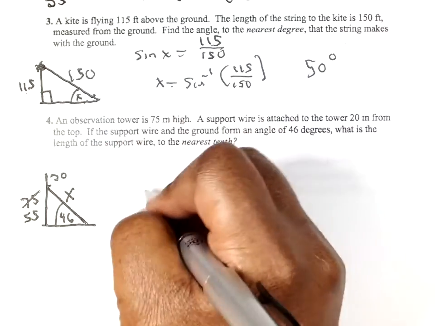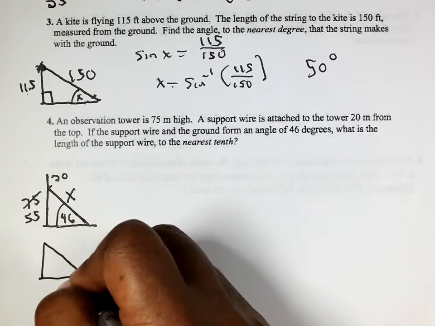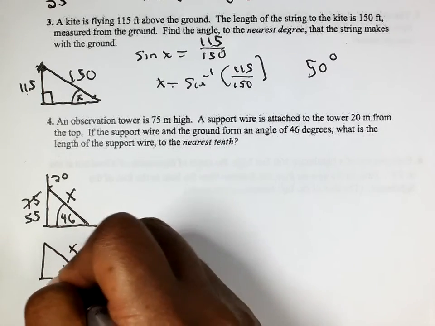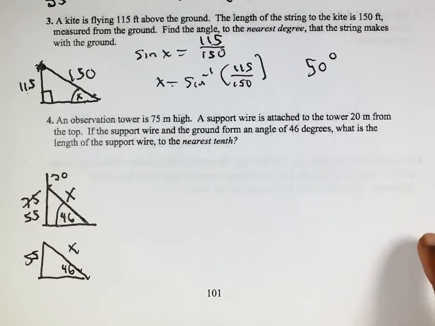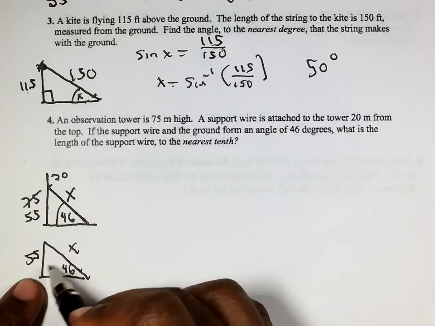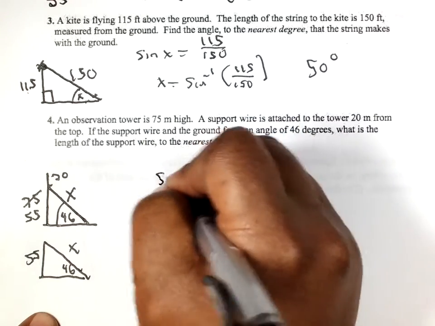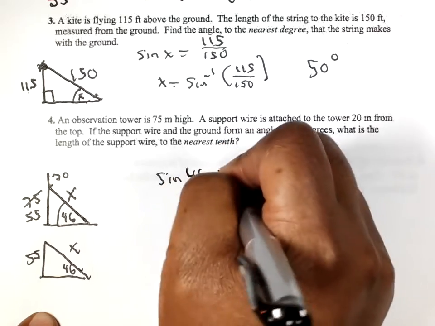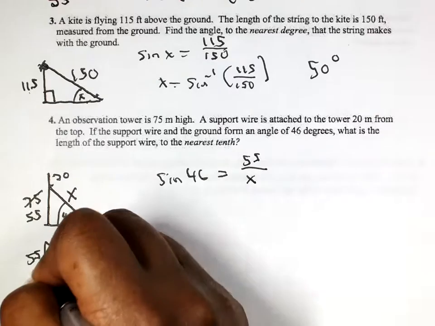So when I go to set it up, I'm going to redraw my triangle because there's too much going on. So again, I have an angle, the opposite, and hypotenuse, so it's sine again. So sine of 46 equals 55, the opposite, over x.